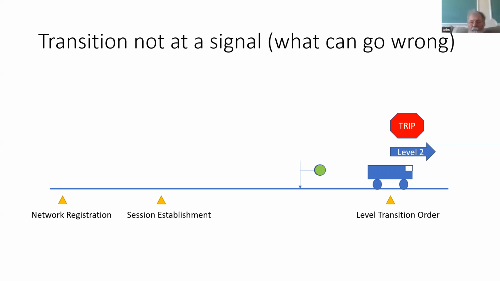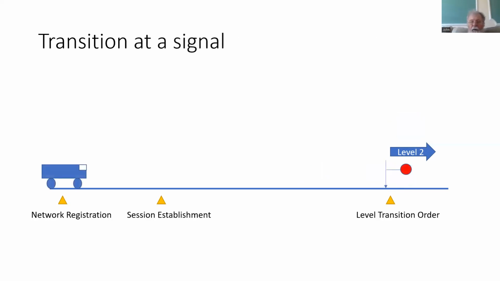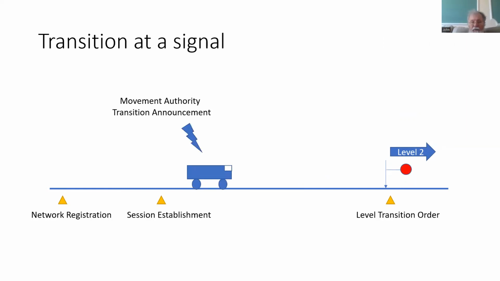So let's have a look at that. With the transition at the signal, in this case the signal red, as the train proceeds, again it will establish its session and it will attempt to contact the RBC. Because the signal is at red, no movement authority or level transition announcement will be made. However, once the train has made communication, we can actually now send the movement authority and that transition announcement before we clear the signal.